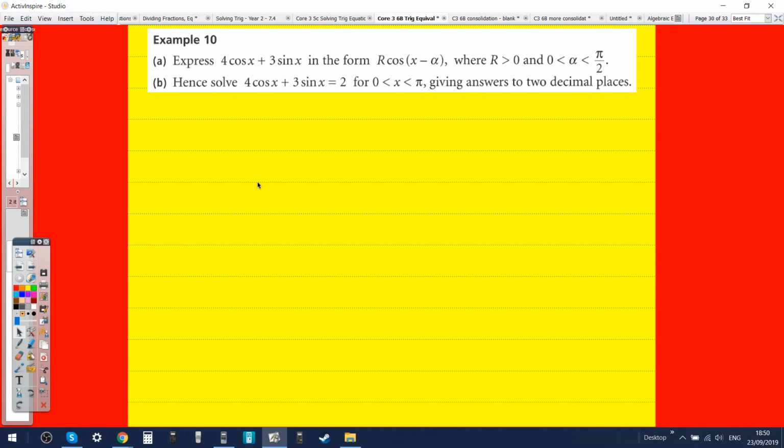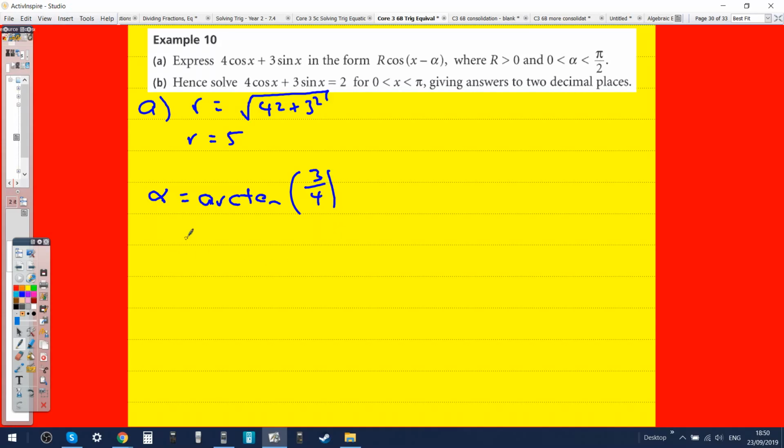With r, we do the root of 4 squared plus 3 squared, which is 5. I've done this before, but I keep on forgetting. And then it's arctan 4/3. It's usually the other way, isn't it? Second over first.